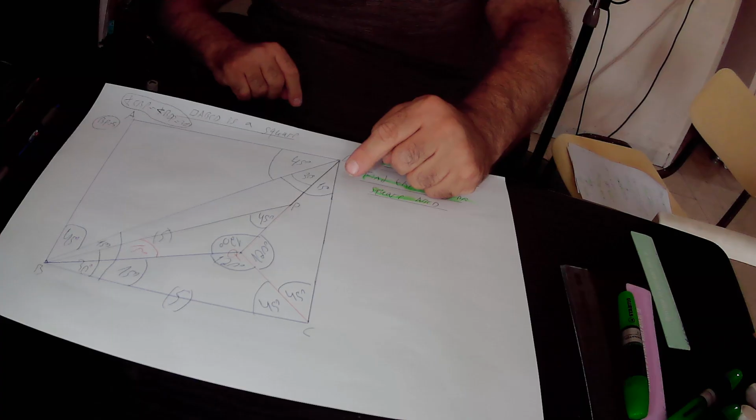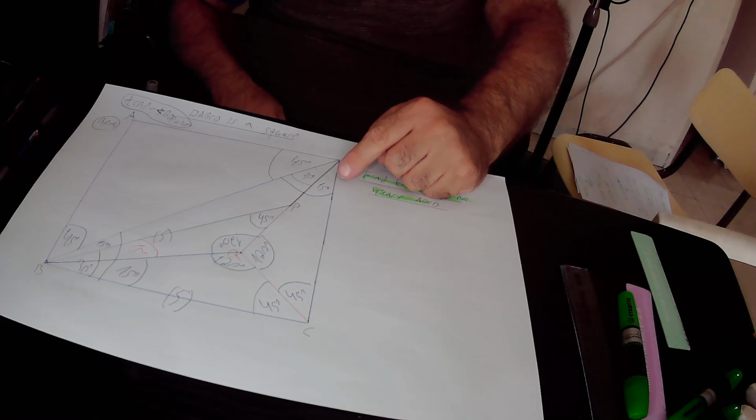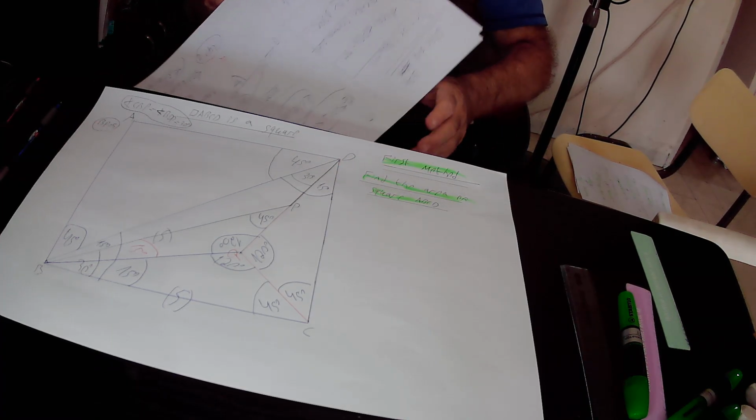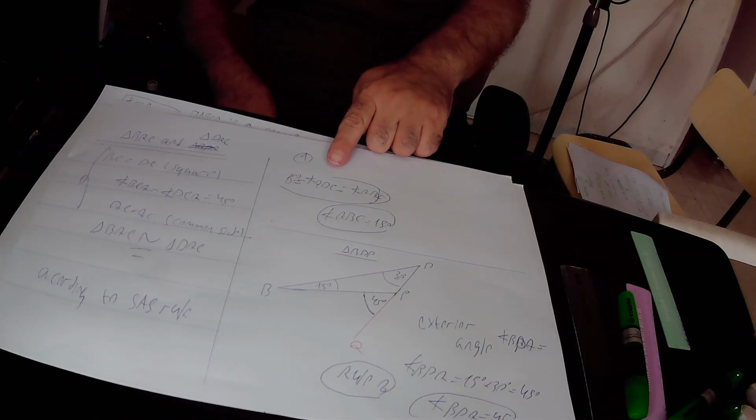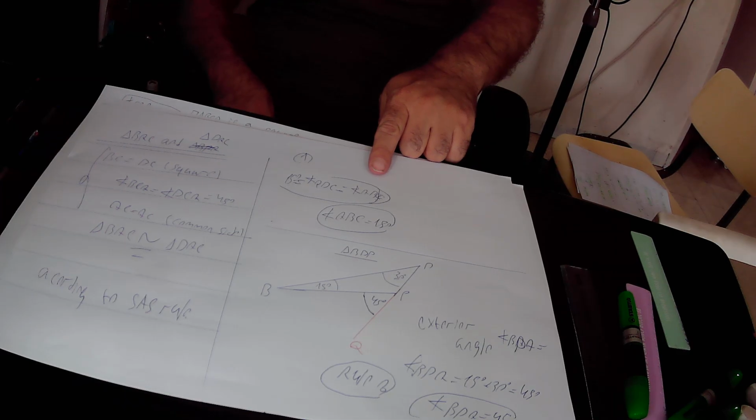So we found out that angle QDC in triangle QDC equals angle QBC in triangle BQC.